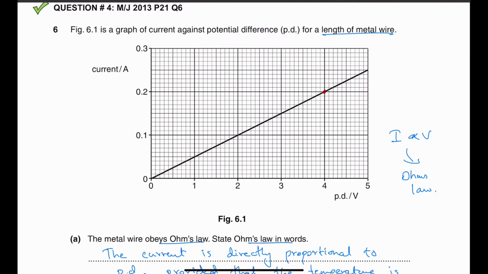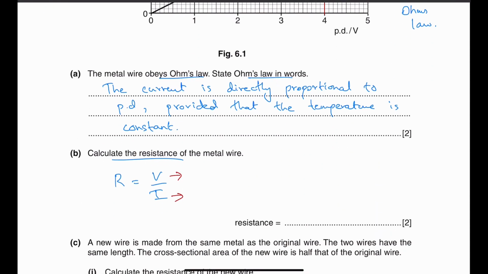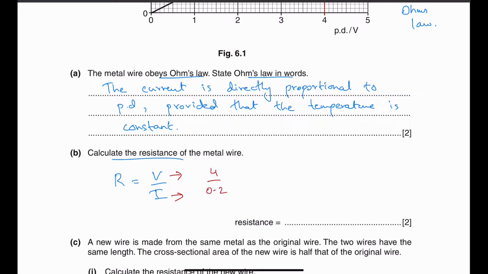So for example, I'd like to pick this point that I've just highlighted. Now at this point I can clearly see that the value of the voltage is 4 and the value of the current is 0.2. So what I'll do is 4 divided by 0.2, and that should give me 20 ohms.